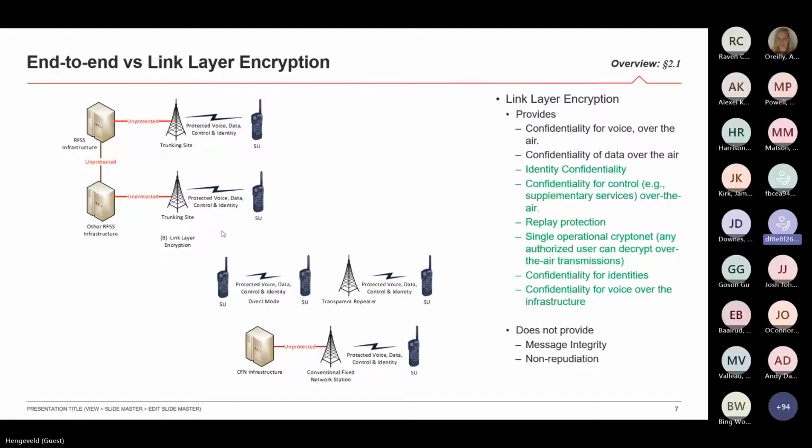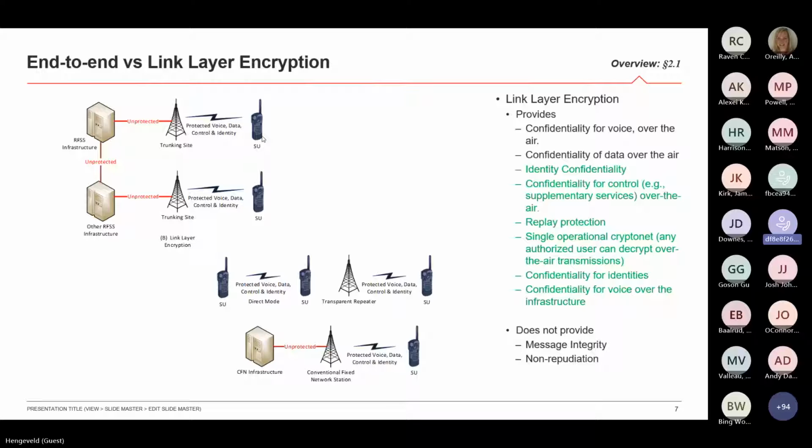This is why link layer encryption is not a substitute for end-to-end encryption, because within the network, other users of this system are able to hear all the transmissions. There's no grouping in link layer encryption from an encryption key perspective. Everybody on that trunking site, everybody in the entire system, essentially is part of one crypto group, one security group, and can hear each other.